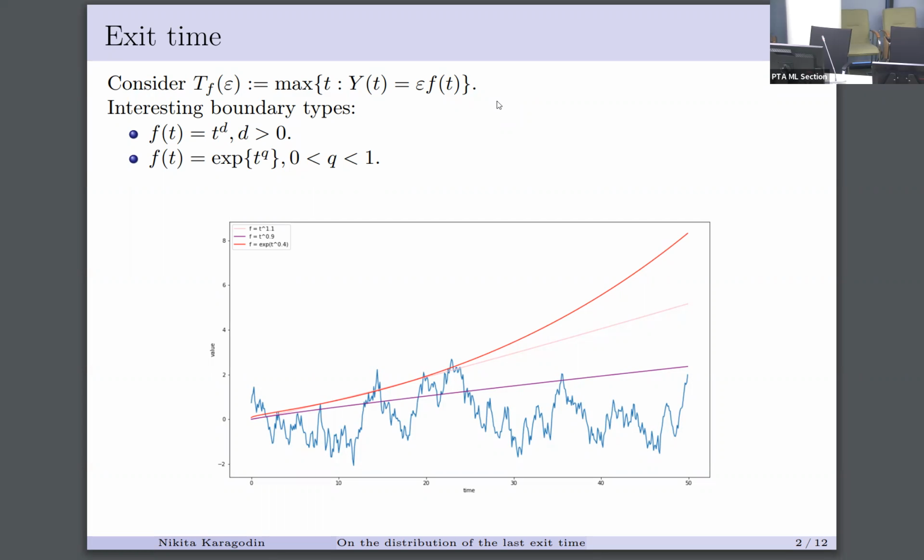In my case, t is just from R. So it's a process if and only if for any finite set t1, etc., tn, the vector y taken in these points is Gaussian.